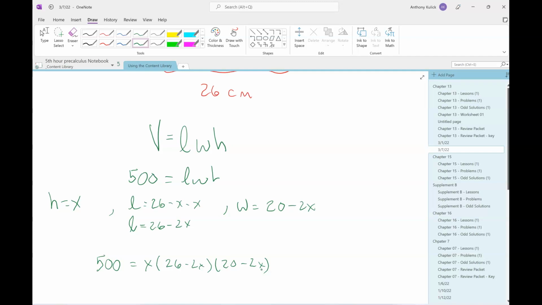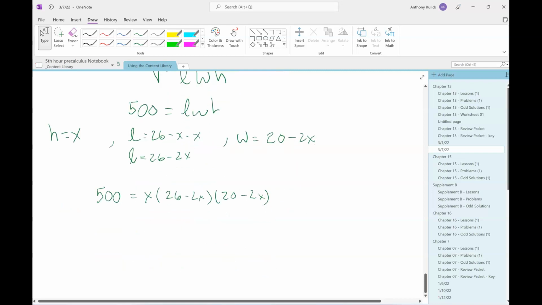No, Mr. Kulik. It's the zero product property. It'd have to be equal to 0 for you to be able to do that. Ah, buggers. So what am I going to have to do? I got to FOIL that all out, right? And get it all on the other side. And then try to redo it. Ugh, Mr. Kulik. Well, it is what it is.